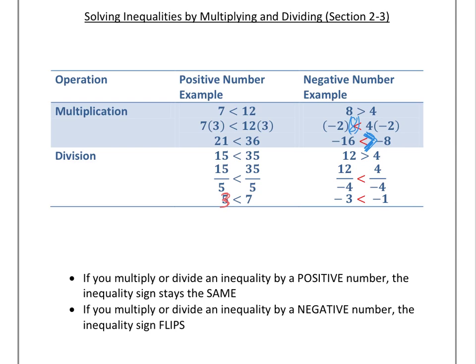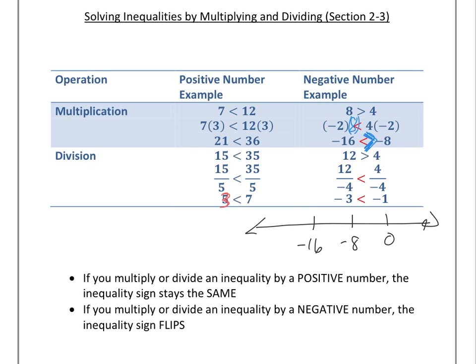If you look at negative 16 and negative 8 on the number line, here's 0, here would be negative 8, and here would be negative 16. Because negative 16 is to the left of negative 8, negative 16 is smaller than negative 8. So saying that negative 16 is greater than negative 8 is incorrect. So as a result, we have to flip that inequality sign.